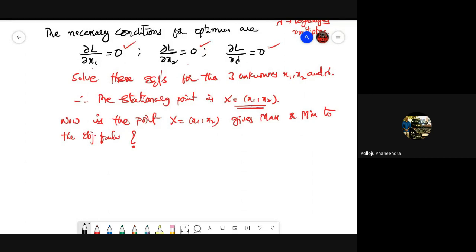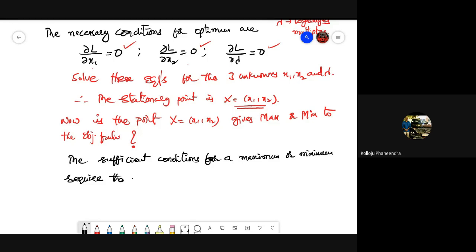You write this one. Do you know Hessian matrix? The sufficient conditions for a maximum or minimum require the evaluation, at each stationary point, of n minus 1 principal minors.